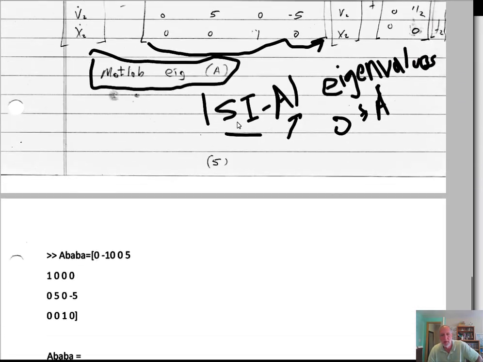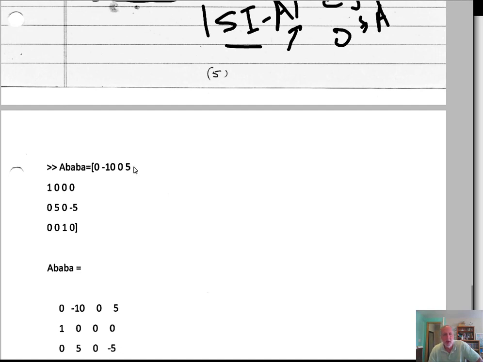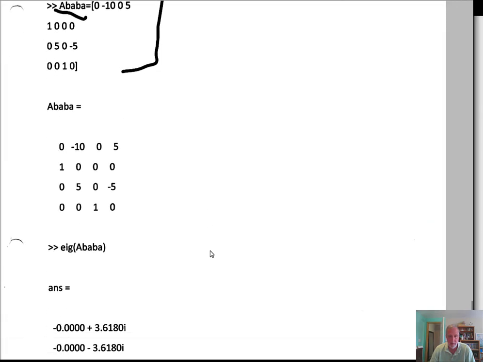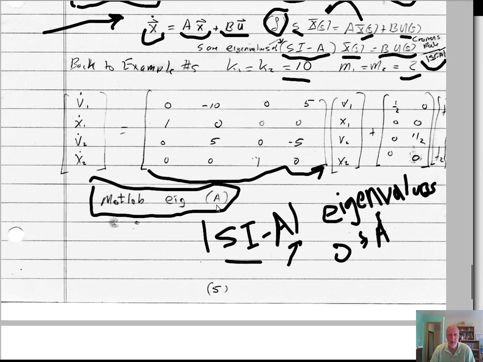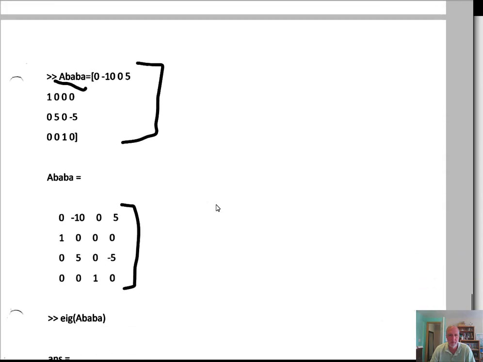So that's what's on the next page here. I go into MATLAB and I create the A matrix. I was doing something else that had the A matrix, so I had to call this ABAB just to keep it separate. I didn't want to overwrite something else I was doing. So there's my A matrix. Matches the A matrix up here.